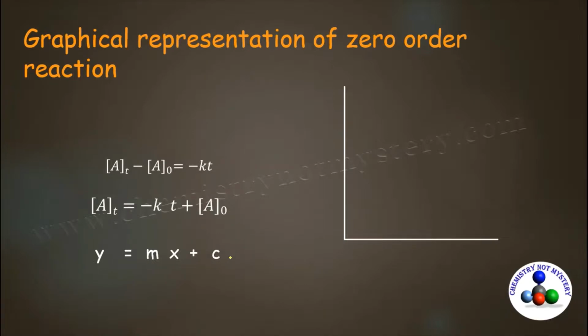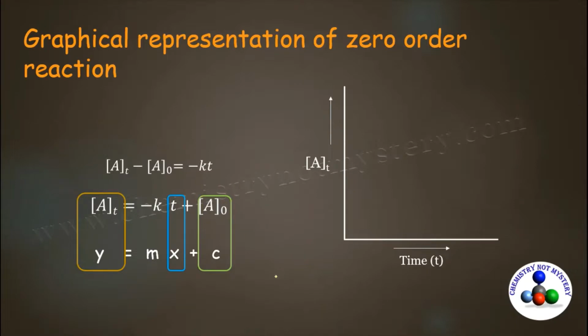So you will see x can be compared with the time. So I have plotted time on the x-axis and y can be compared with the At. So I have plotted At on the y-axis. Here you can see intercept is compared with the A0. That means c is not equal to 0. That means a straight line will not originate from the origin.